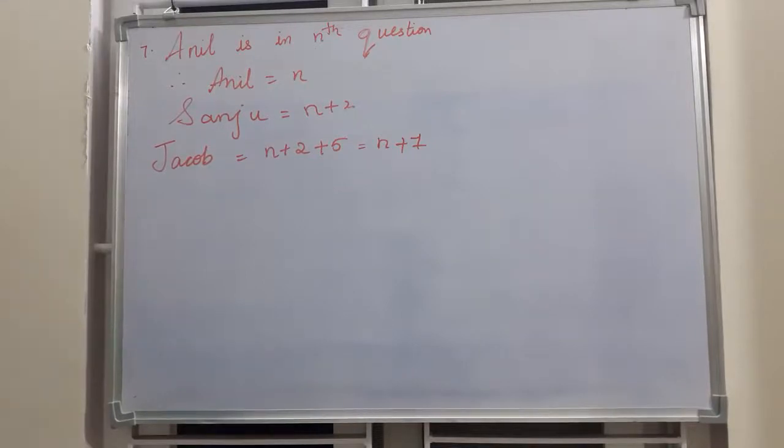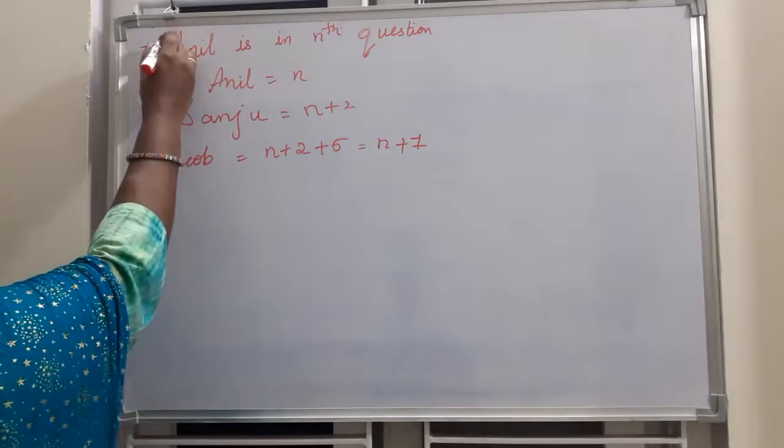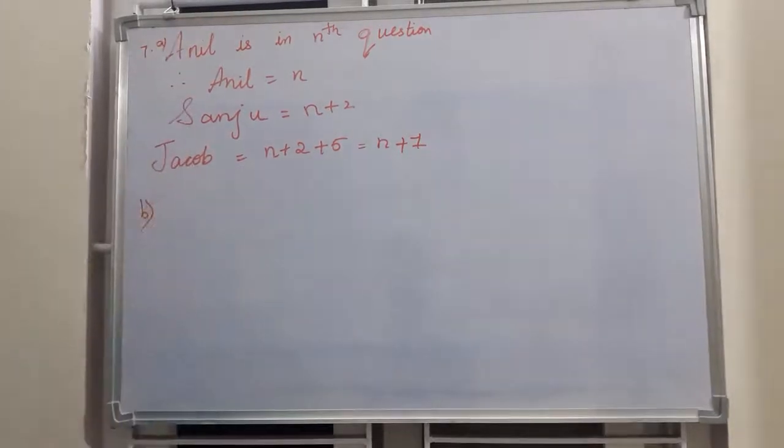Now, he has asked you to find out, this is the A bit actually. Now, the B bit he is asking you to find out: write the expression for the total questions. So you have to write the expression, meaning you have to write which question they are in.